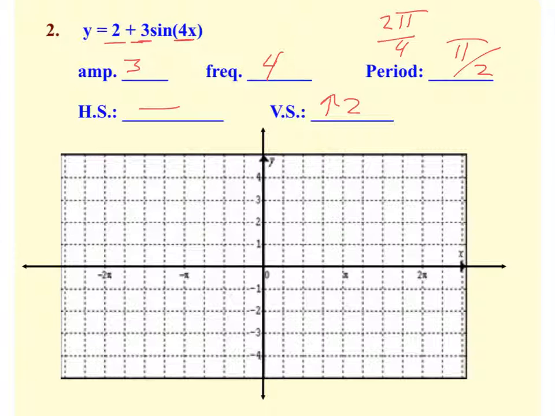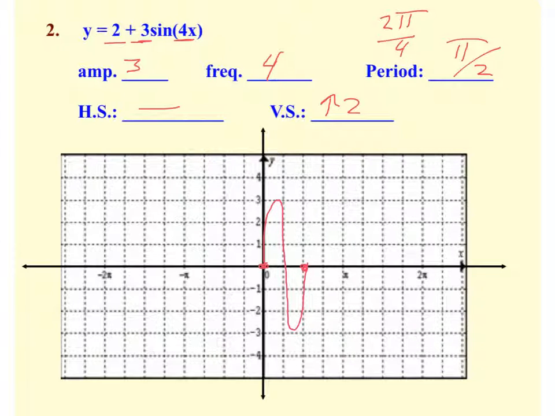And so if we were to look at the original graph without the vertical shift, we have a sine graph, and so we're going to start at 0, 0. With that period of pi over 2, we know by the time we get to pi over 2, we're starting over in the graph. And so that indicates that we're going to reach our maximum and then go back down to a minimum within pi over 2 of a domain.